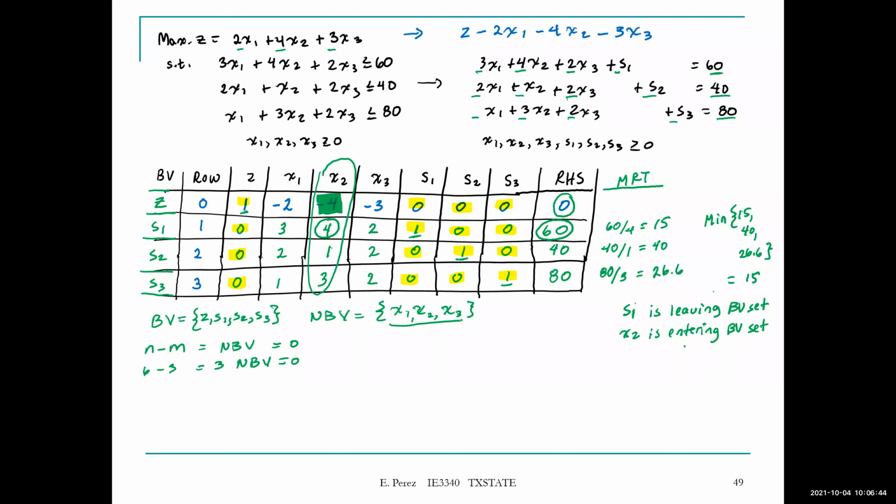And that's the solution that we got for the first Tableau. Now the question is, is this an optimal solution? The answer is no, because we know that we can improve. So if you want to make any of these 3 different than 0, you have to remove them from here, make them basic, and then take one of these and make it non-basic, which is what we are trying to do with these ratios. We identify that x2 is now becoming a basic variable.